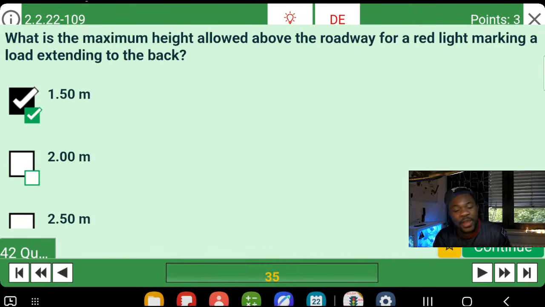So a load can go behind your car 1 meter without specially marking it. But once it goes above 1 meter, which it can only go maximum 1.5, only when you're specially marking it. And how do you mark it? With a red light. I see. Good.